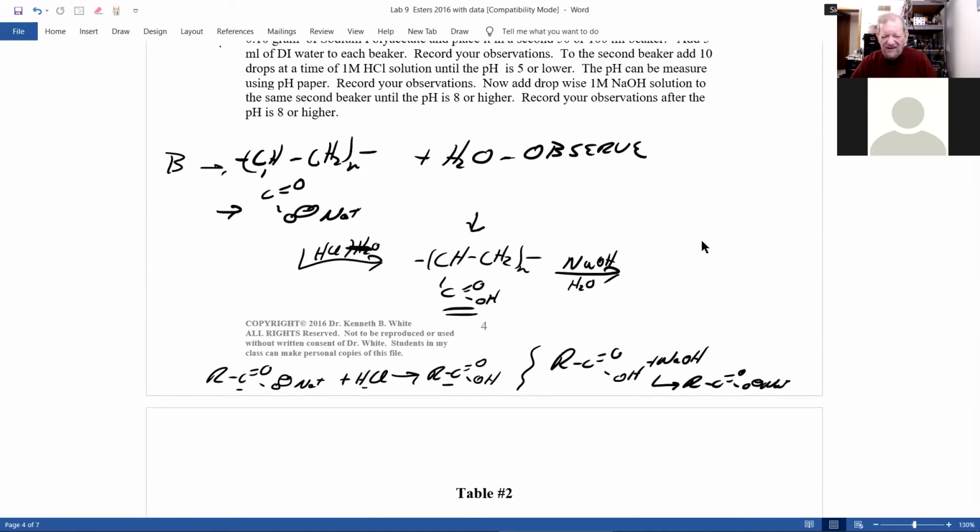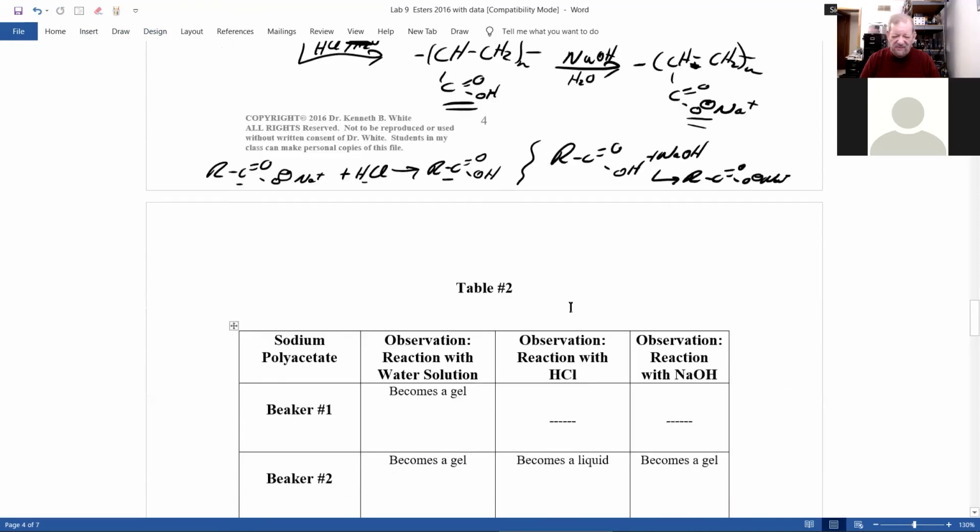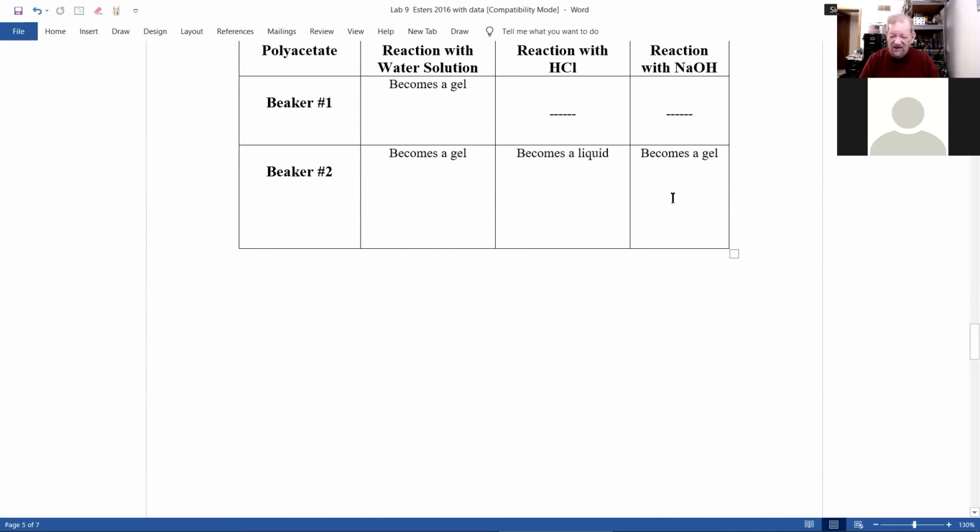So yeah, you'll get this carboxylate anion, which once again is better at hydrogen bonding. And when you see that hydrogen bonding, it looks like a gel.